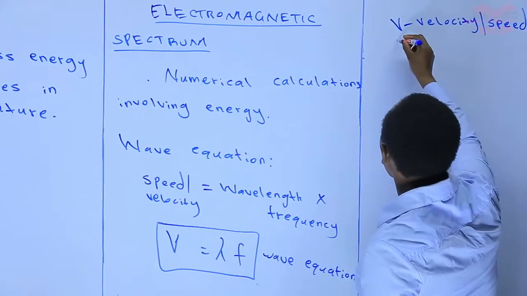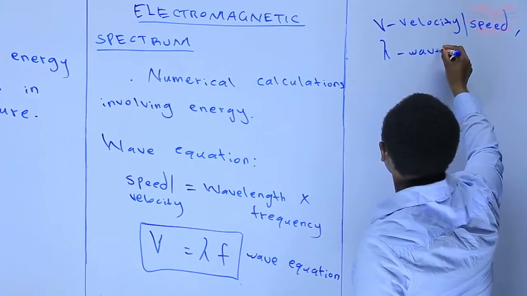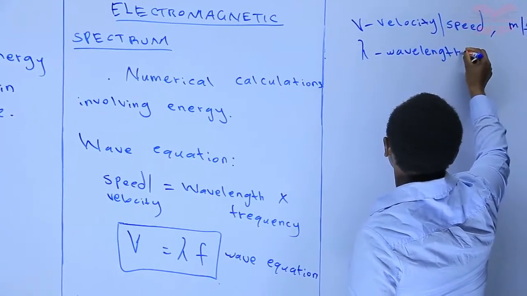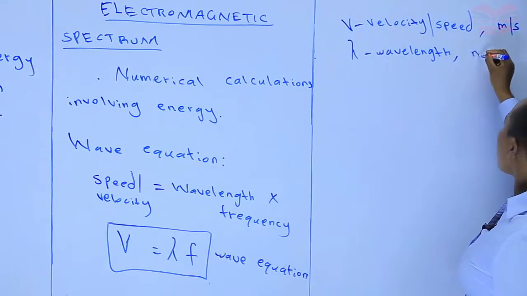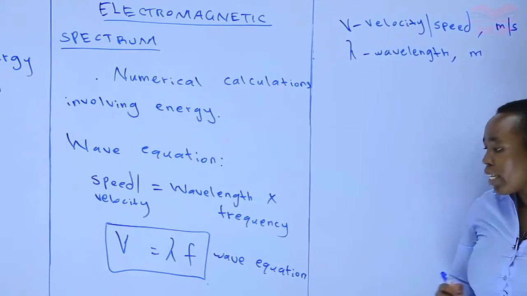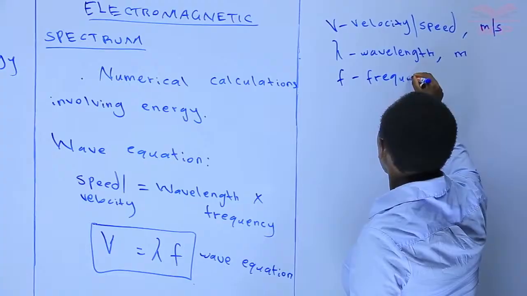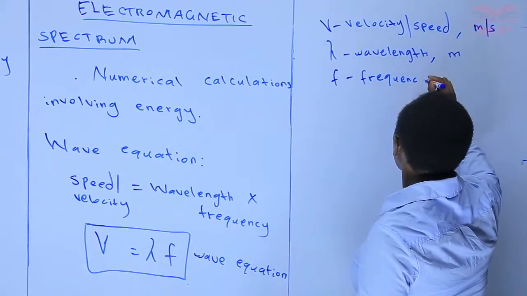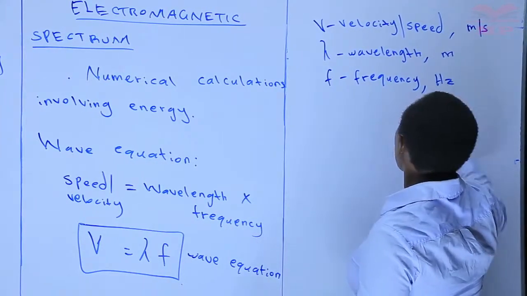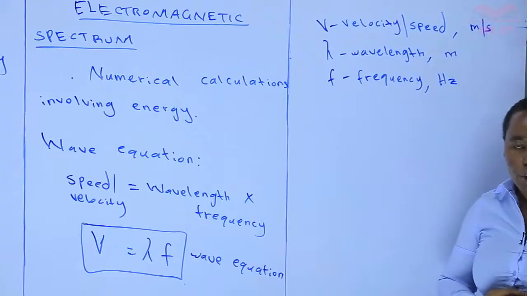Lambda is the wavelength of the wave, and the units are meters. Then we have frequency, which is in hertz. So that is the wave equation.